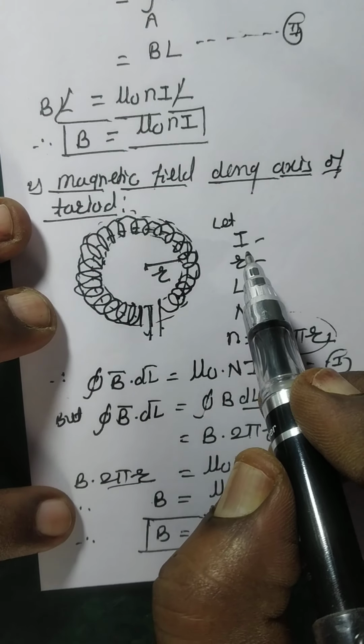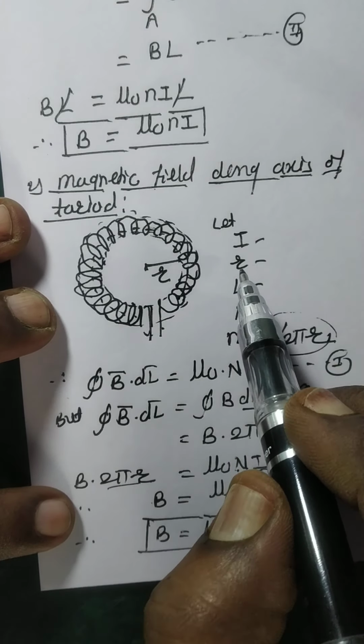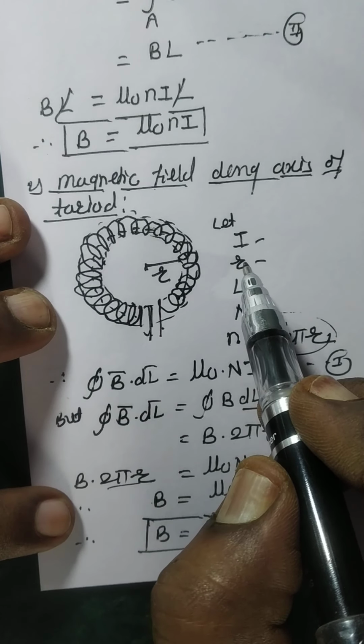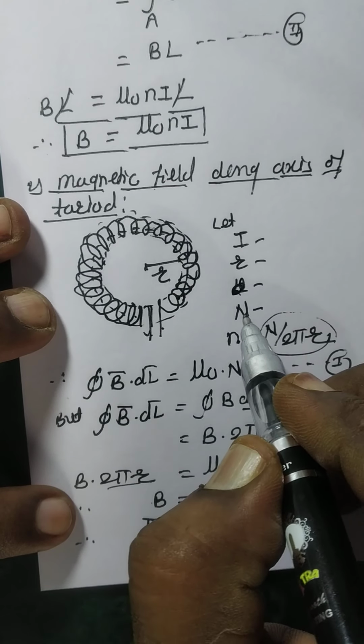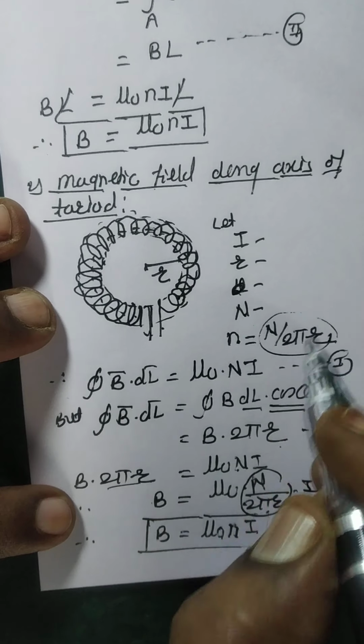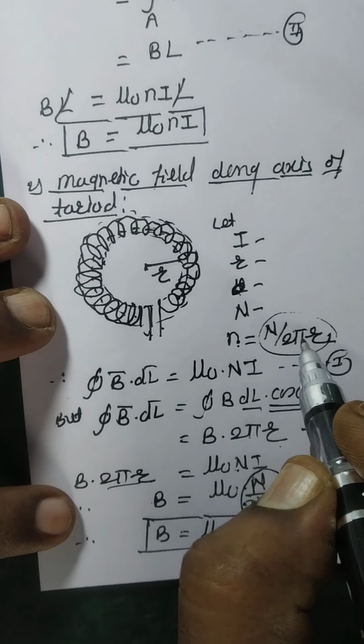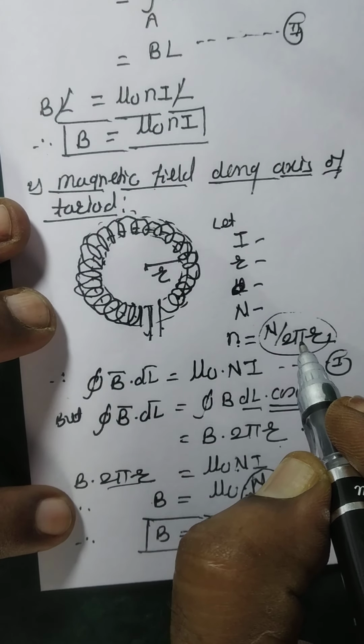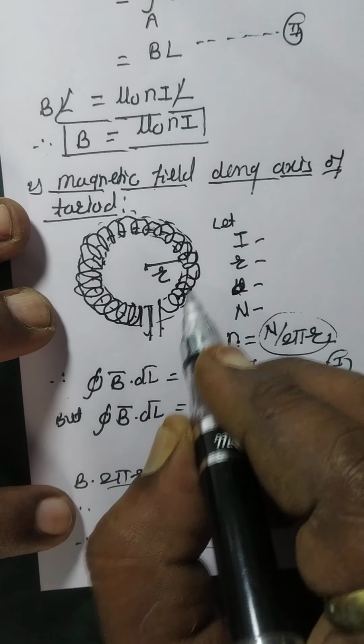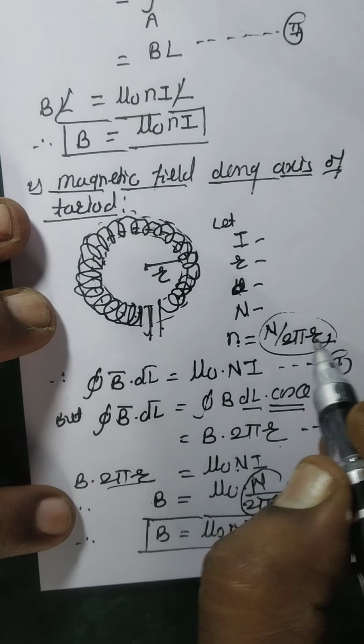I current flowing through toroid, R radius of toroid, n number of turns, therefore small n is number of turns per unit length, that is total length circumference per unit length.